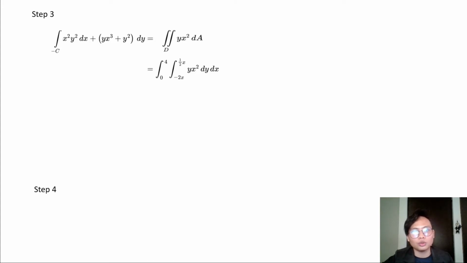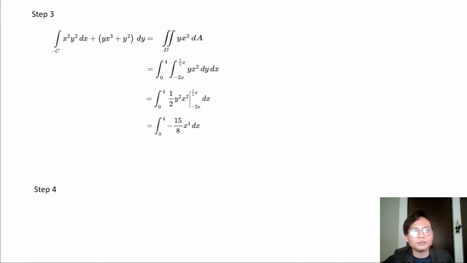So we have to do the first integral first. It will become the integral from 0 to 4 of 1 over 2 y to the power of 2 times x to the power of 2, and because we do the dy first, we need to replace the y first, with negative 2x and with 1 over 2x, dx.